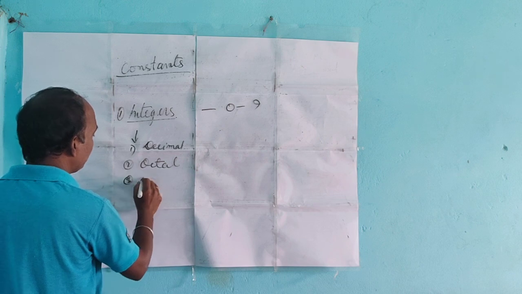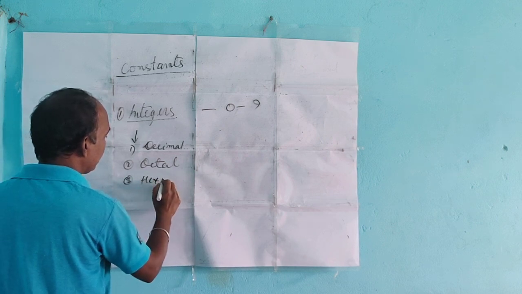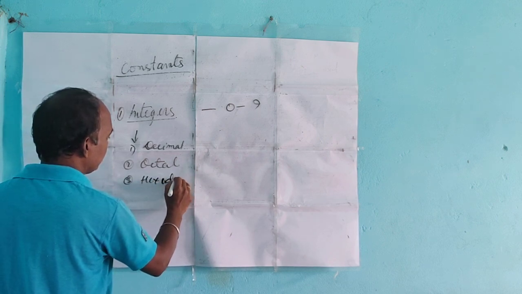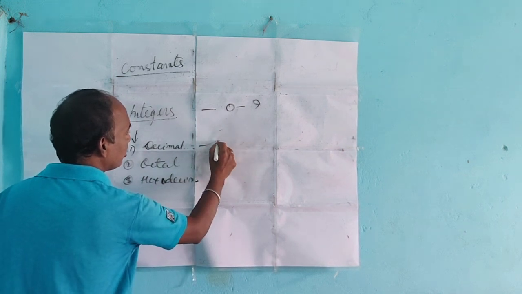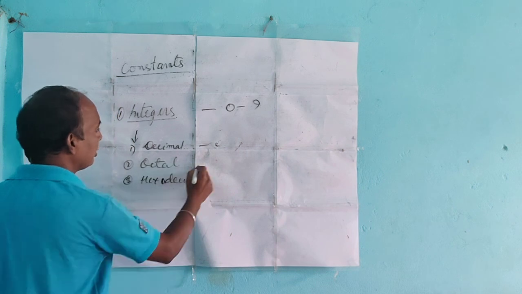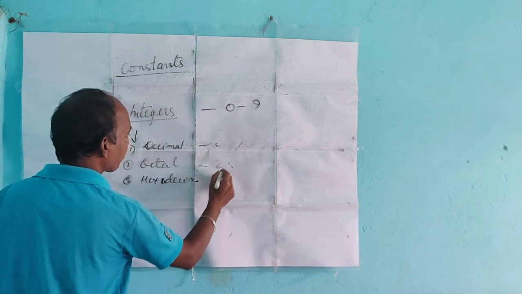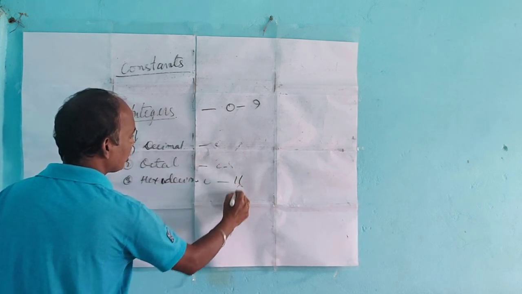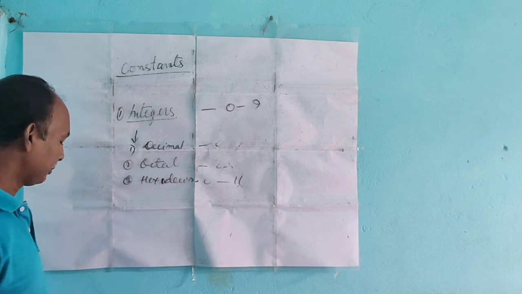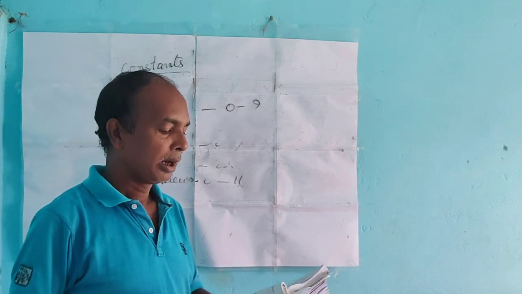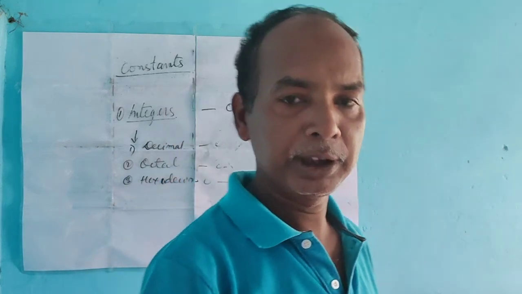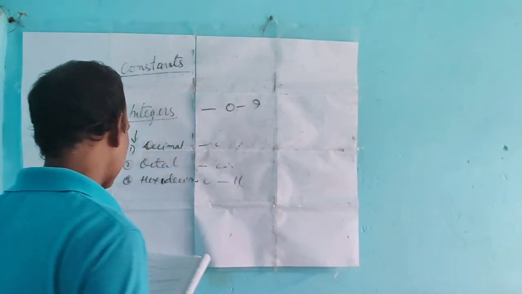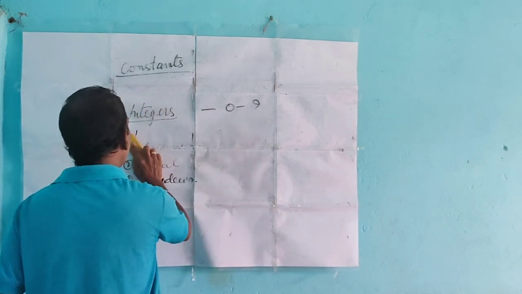Number three is called hexadecimal number. 0 to 9 is a decimal number, 0 to 7 is an octal number, and 0 to 15 is a hexadecimal number. An octal number is preceded by the 0 character.